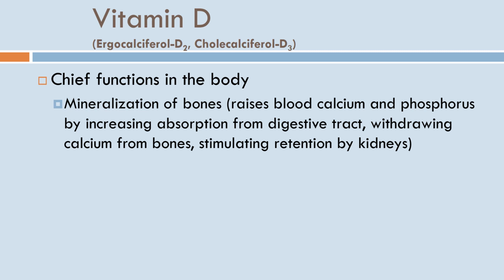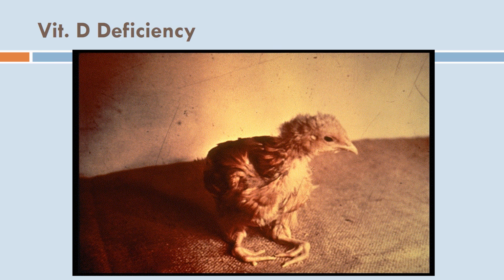So even if the diet is sufficient in calcium and phosphorus, but if there is a deficiency of vitamin D in the diet, the calcium and phosphorus would not be absorbed. That might lead to a deficiency of calcium and phosphorus if vitamin D is deficient in the diet.